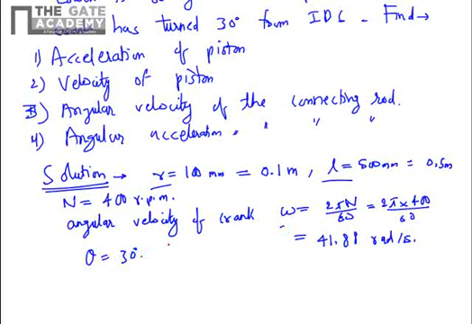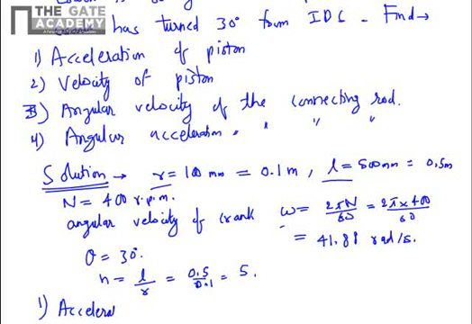So R is known, L is known, omega is known, theta is given as 30 degrees. So we have all the 4 known parameters for the slider crank problem. Another derived parameter is n, the ratio of length of connecting rod and crank, L by R, that is 0.5 by 0.1, equal to 5 in this case. So we will just recall our formulas.